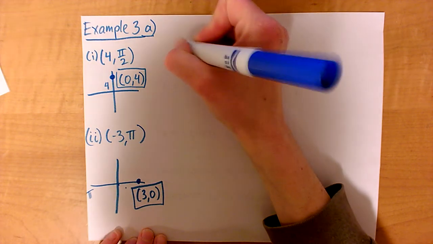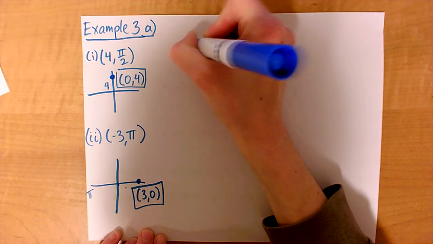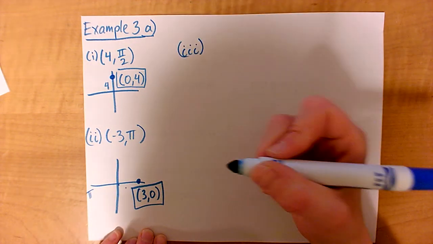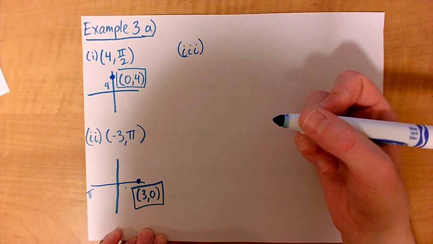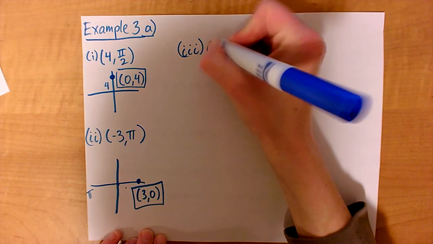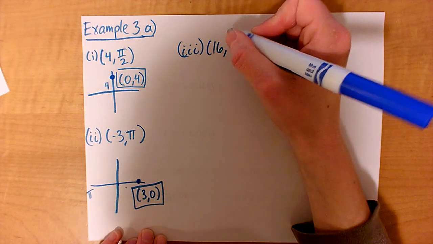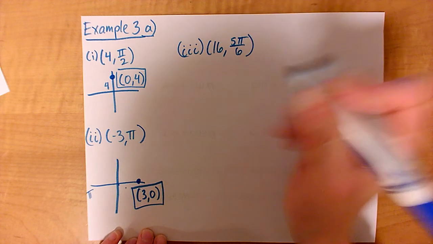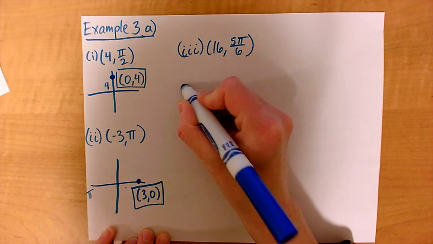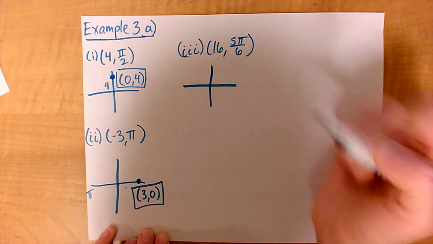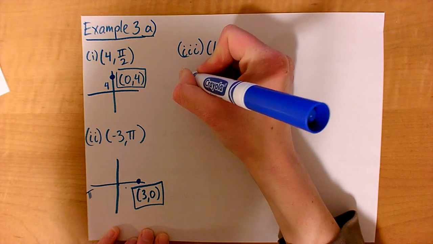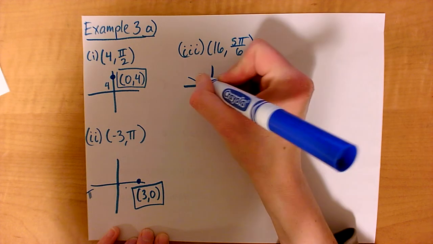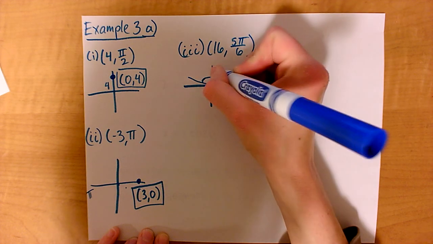Alright, so let's take a look at number 3. Now, number 3 isn't as simple as the first two that we've done, so we'll have to do a little trig for this one. So we have 16 and 5 pi over 6, okay? We can just visualize where this is. 5 pi over 6 is about here, right?